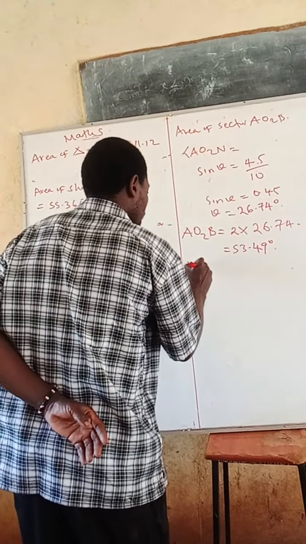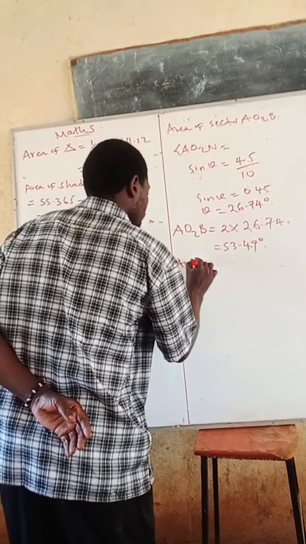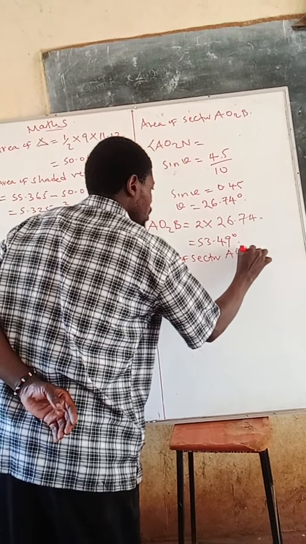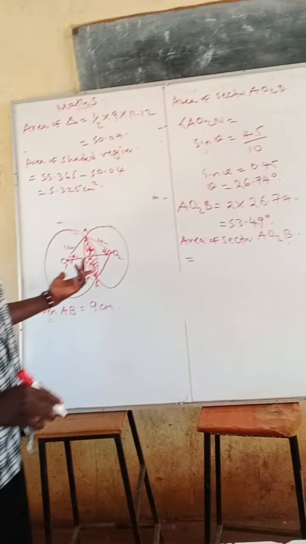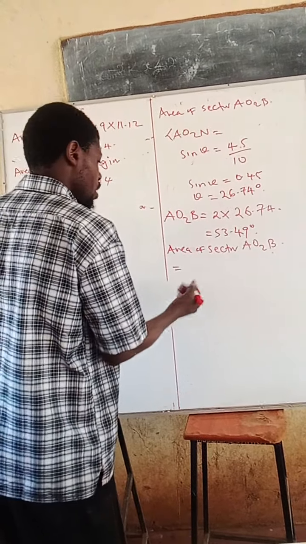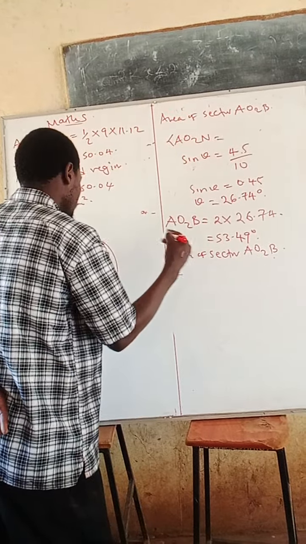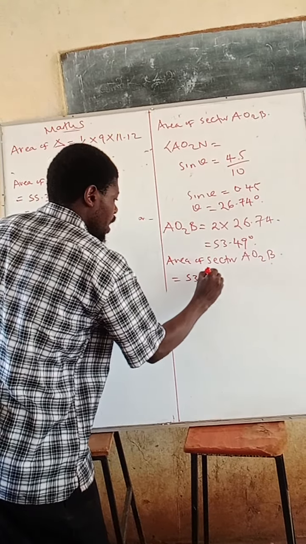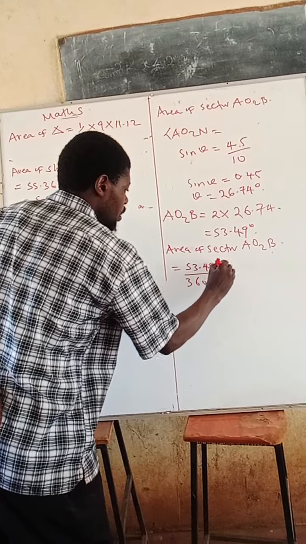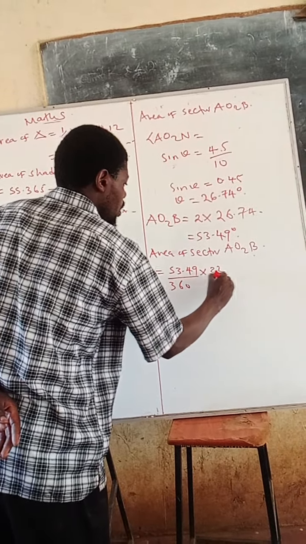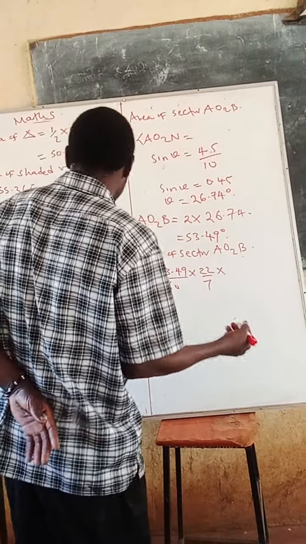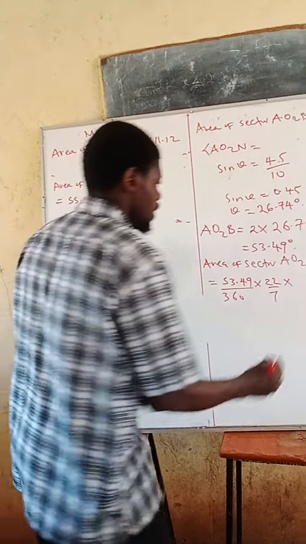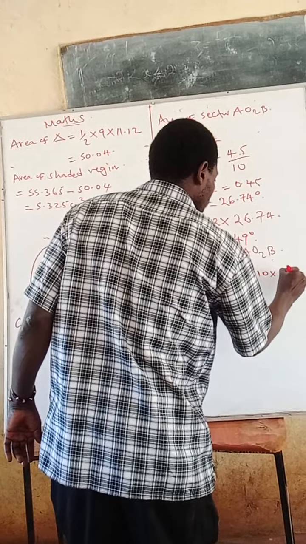Area of the sector will be theta over 360, as our concept, times pi, which is 22 over 7, times the radius squared. Our theta is the angle AO2B, which is 53.49, over 360, times 22 over 7, times the radius squared. The radius of this one is now 10, not 12. 12 was for the first. Times 10 times 10.